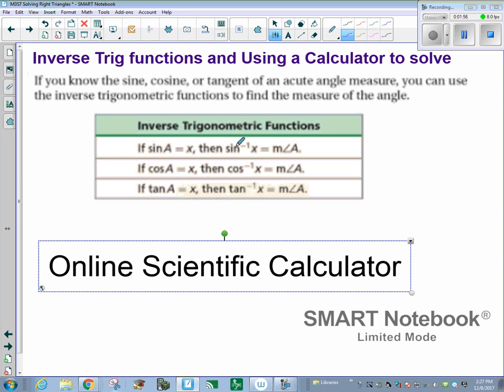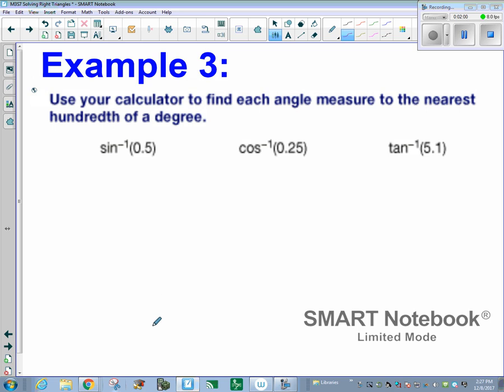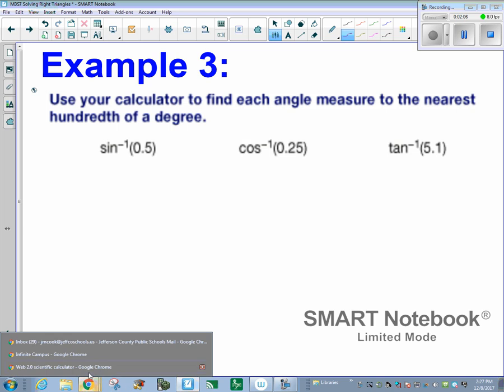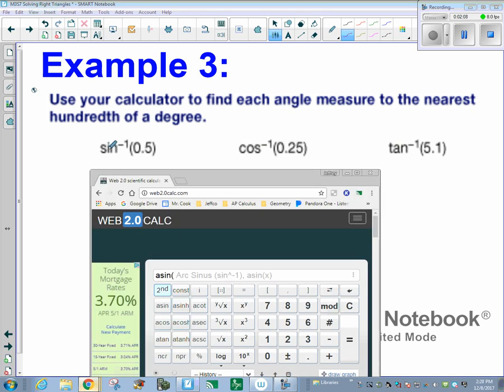I will be using that in the next couple slides. So we are going to practice using a graphing calculator to find these. I've got arcsine of 0.5, so basically what I'm looking at is what is the angle when sine has a ratio of 0.5.